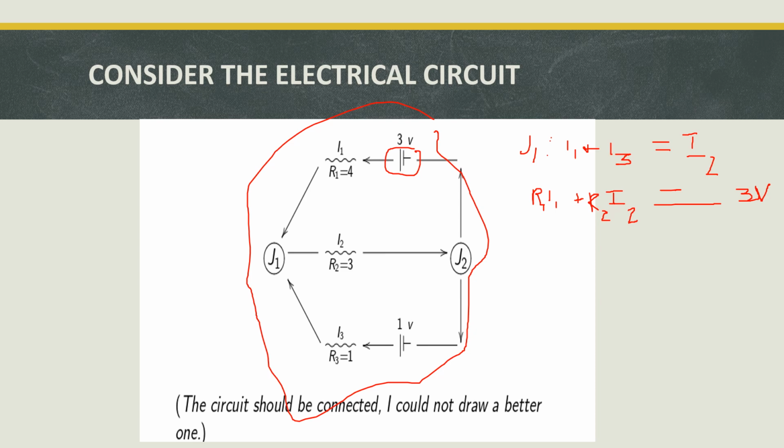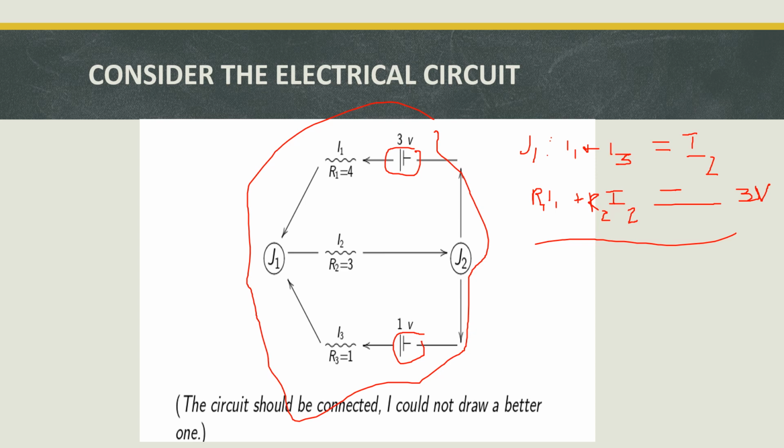Okay. Next we will get the equation 3. So this is our equation 1, and let's get the equation 2. This is our second battery, right? And the current 3 and current 2 are moving towards the second battery.